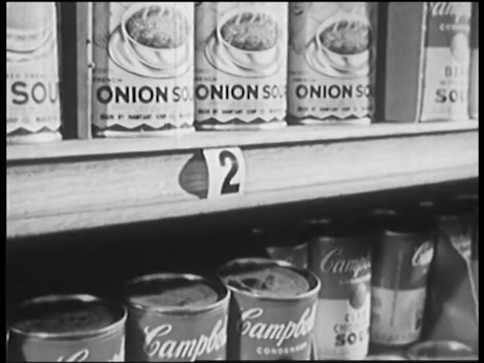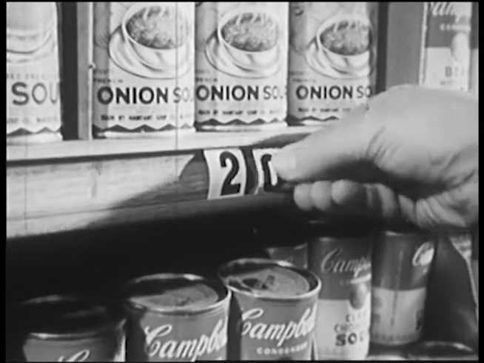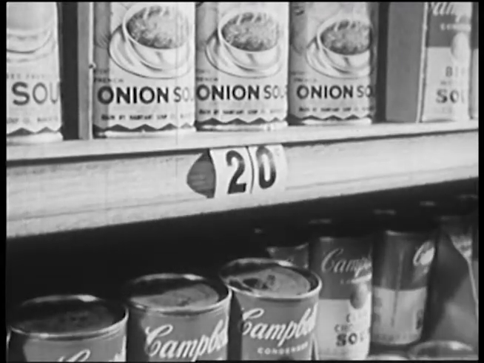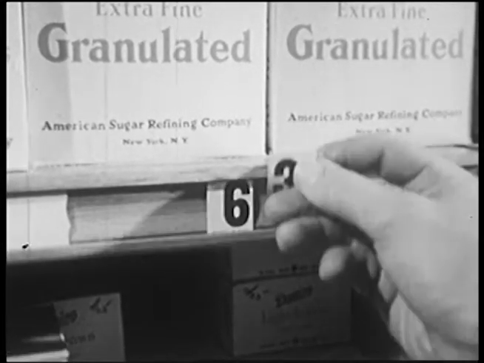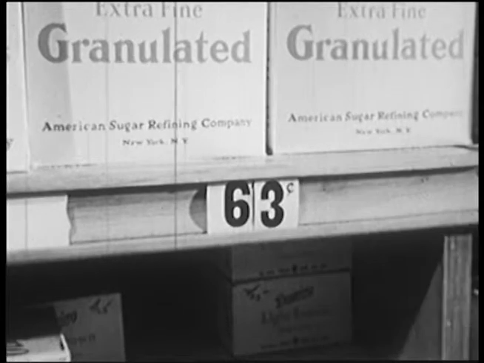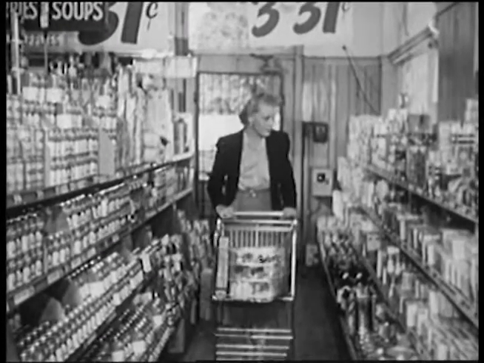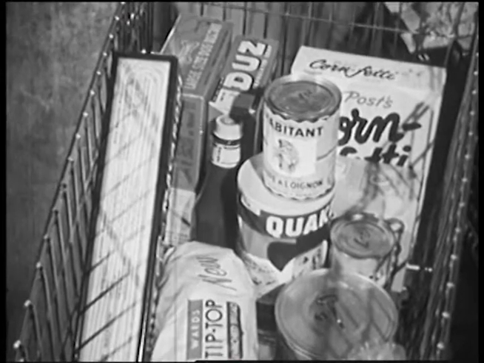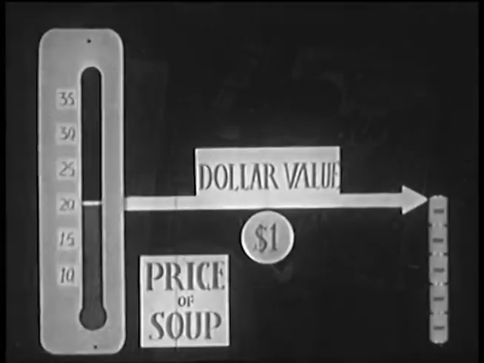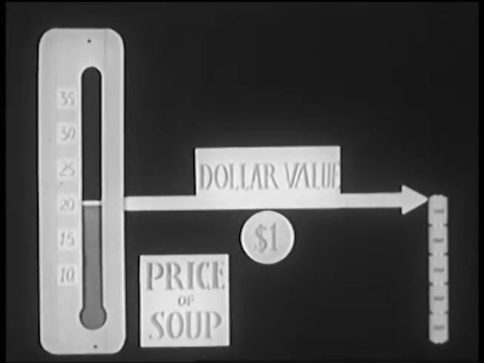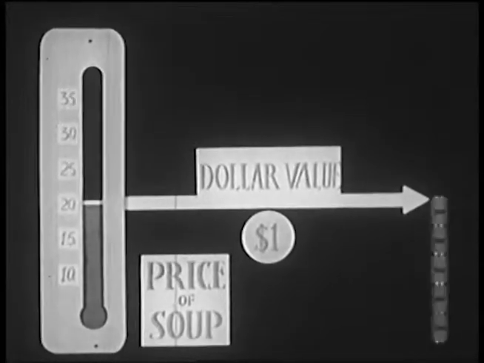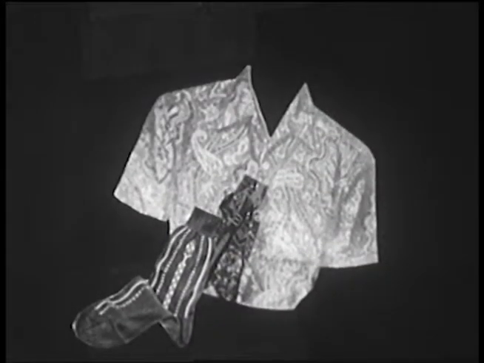Now, of course, the price of soup is only one price. The day the price of soup goes down, the price of sugar may go up. But sometimes the prices of many things move upward or downward at the same time. So when we talk about the value of the dollar, we usually mean not the price of one article, but the prices of many articles.